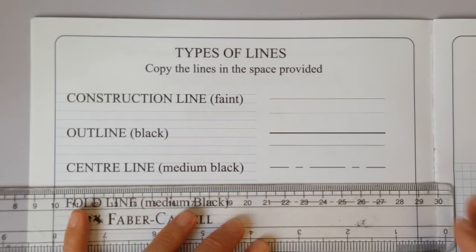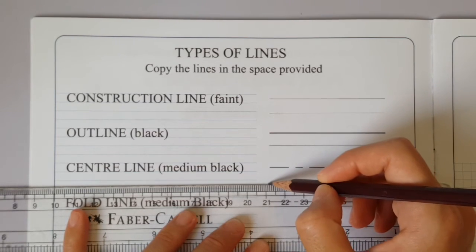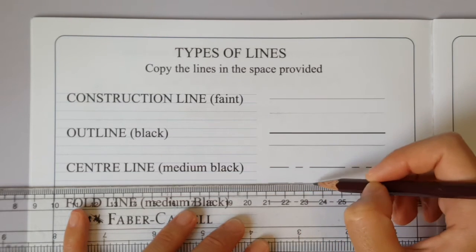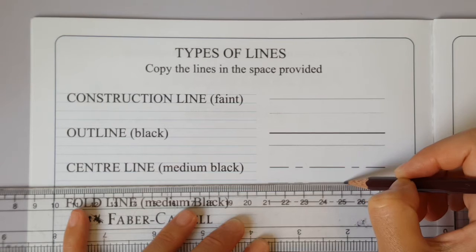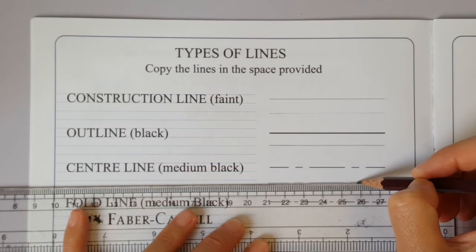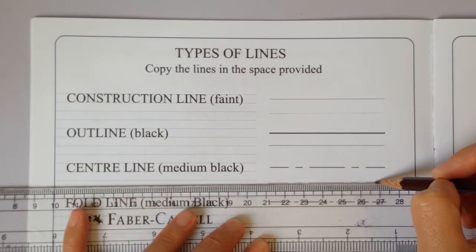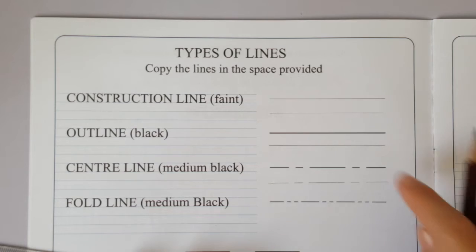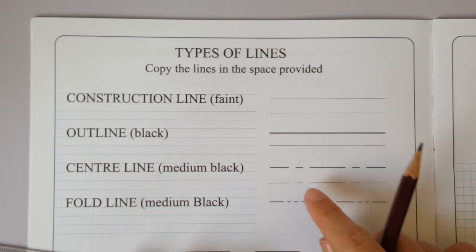So let's try and replicate a parallel line to this center line. Let's start with one long line, a short line, a long center line, another short line, and let's end with another long line. Make sure that the lines you're drawing are medium black.